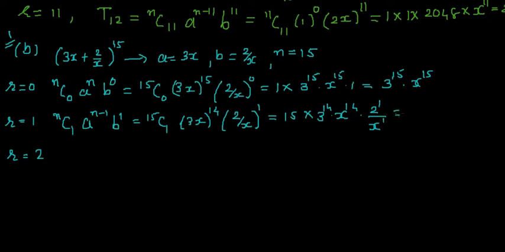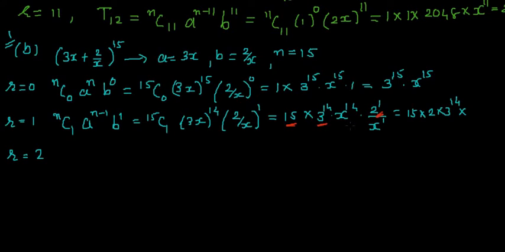Now with this we can simplify by multiplying all the constants. If you look at this, we have constants 15, 3 and 2. These three constants get multiplied and give you 15 into 2 into 3 raised to 14. Now the terms having x power are one in the numerator and one in the denominator, so they are left to simplify.